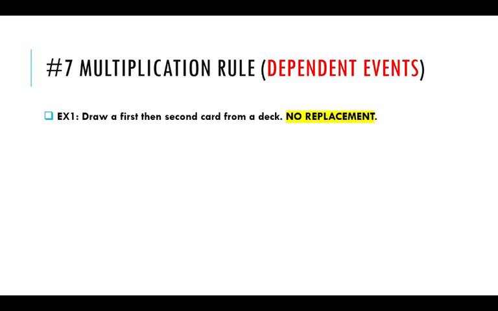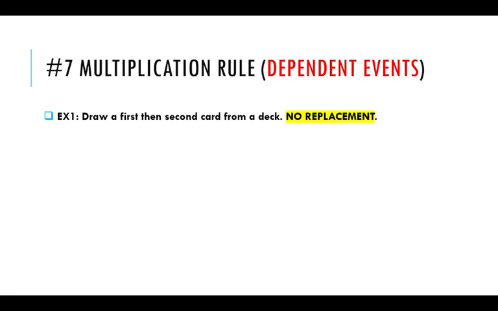Finally, we're done with conditional probability, and now we need to go to our multiplication rule for dependent events. Now remember, guys, we've already done it, number 5, for independent events. All we're doing is doing it for dependent events. And by the way, folks, this is our last probability equation. Woohoo! So we are almost there.